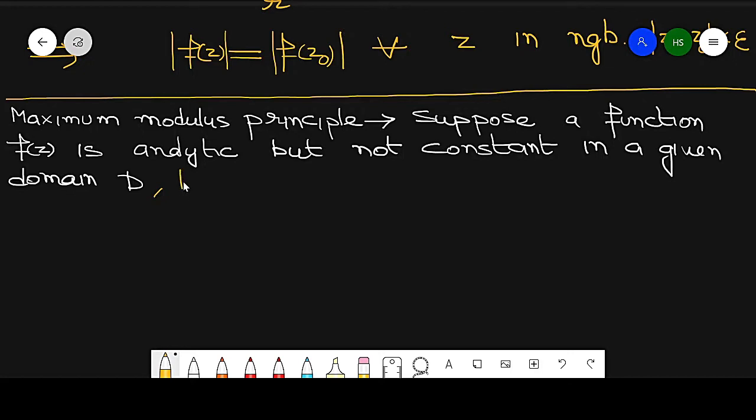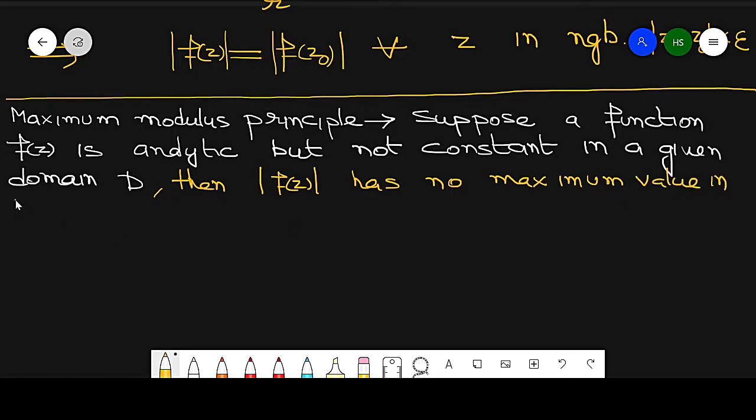Then the modulus of f of z has no maximum value in the domain D. So what does it mean?